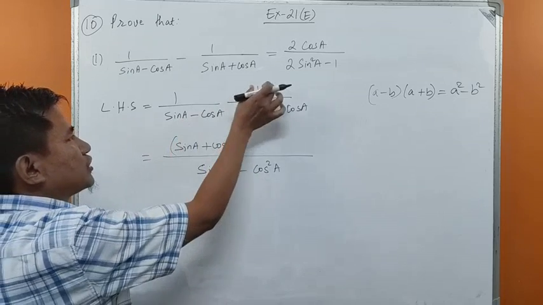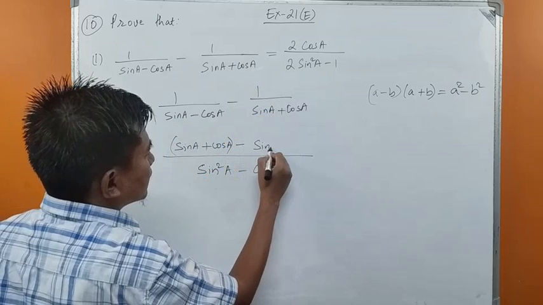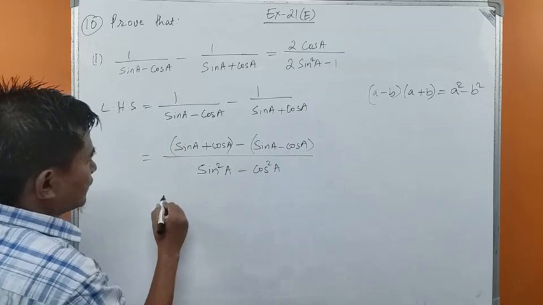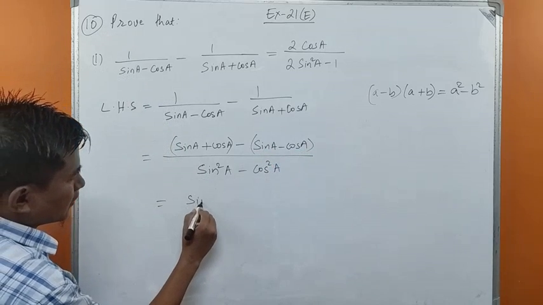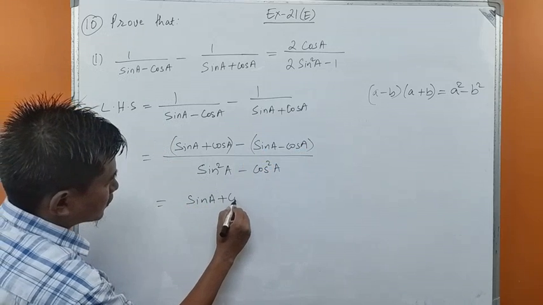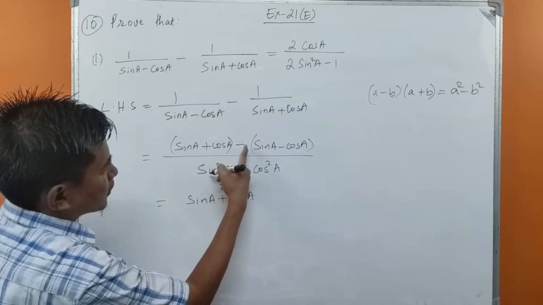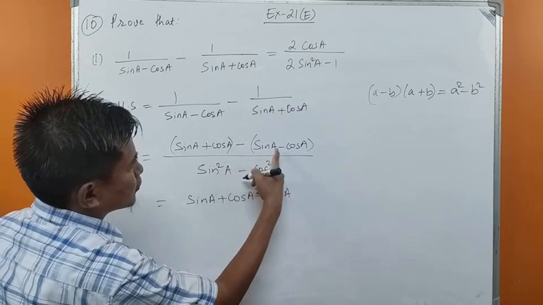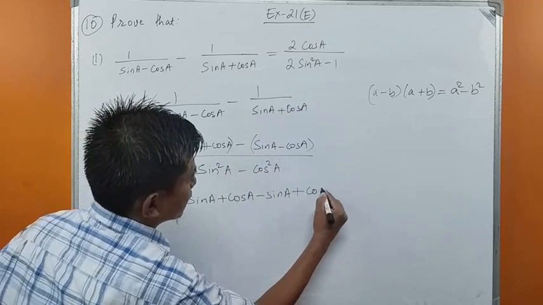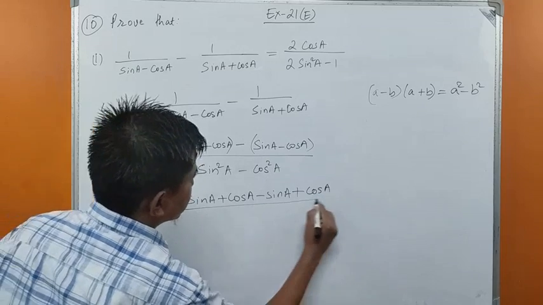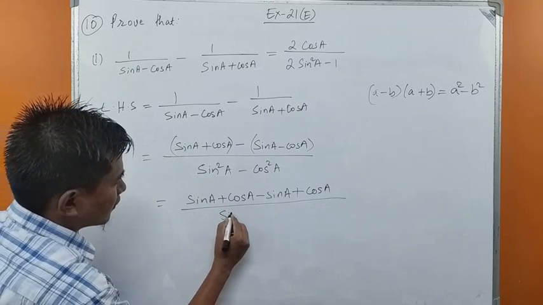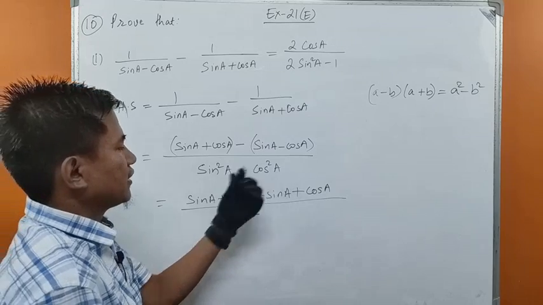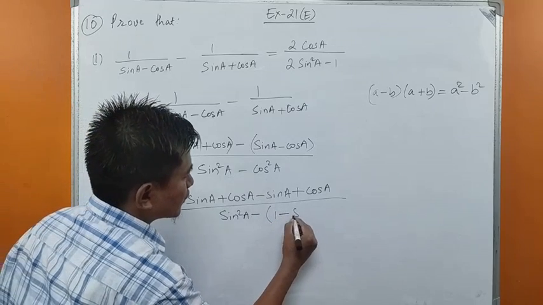So sin A minus cos A into 1 sin A minus cos A. Okay, so here we have sin A plus cos A minus into plus minus sin A, isn't it? So minus into minus plus cos A. In the denominator we have sin square A, this minus comes here. Cos square A can be written as 1 minus sin square A, isn't it?